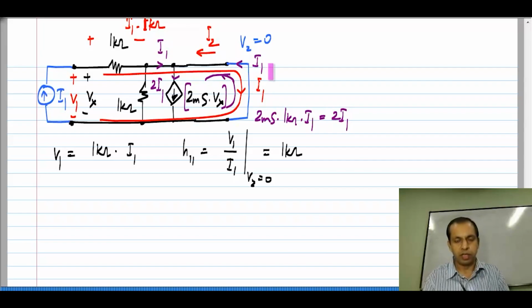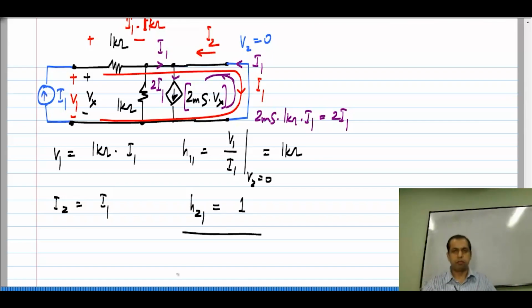So, I2 will be exactly equal to I1 in this particular case. If this control source has a different proportionality constant, it would be different. So, we have I2 equals I1, which tells you that H21 is nothing but 1. Okay. So, that is the value of H21, the current gain from port 1 to port 2.